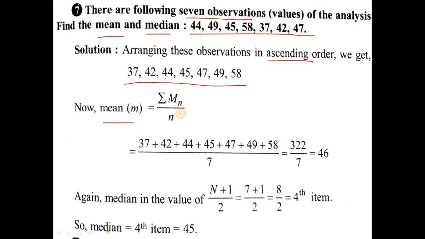Then we take the mean, the summation of all the values divided by the number of observations. So the summation 322 divided by 7, that is, the mean is 46. And the median is the number of observations plus 1 divided by 2, that is 8 divided by 2, the fourth item. So the median is the fourth item, which is 45. So 45 is the median.